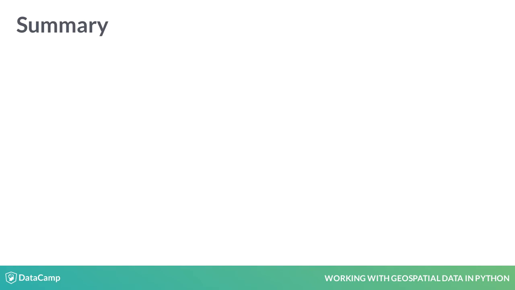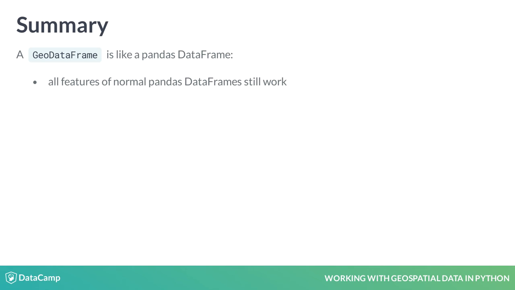To summarize, GeoPandas provides us the GeoDataFrame and GeoSeries objects. They are just like their Pandas counterparts, and so all features you know of Pandas still work. For example, we already used the head method to show the first rows. But in addition, it has spatial abilities. We already have seen the customized plot method that plots the geometries.